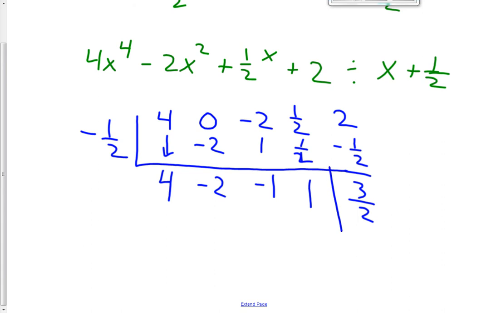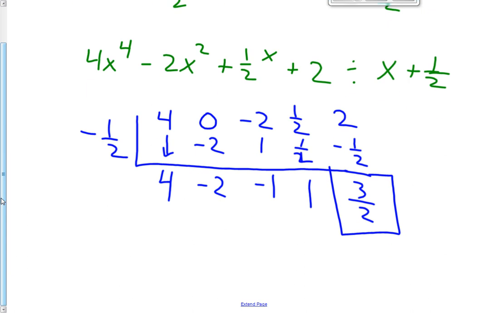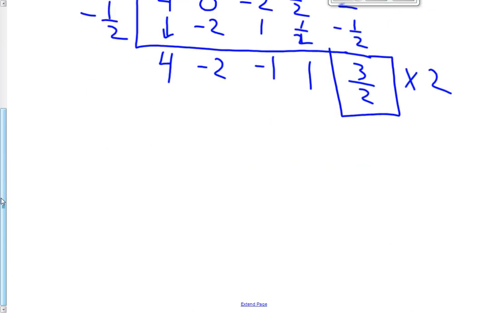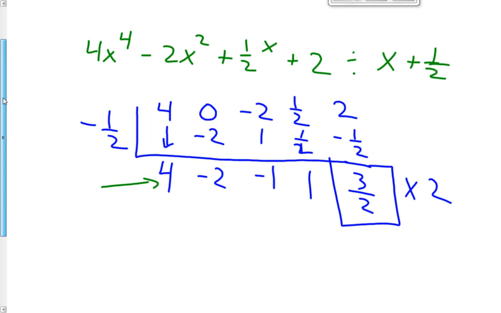Oofta. Here is our remainder. Our remainder we always multiply by the number we first start off dividing by, which is the number 2. Multiply both sides by 2. So our answer, this 4 represents the coefficient from 1 power down of x to the 4th, which is x cubed.